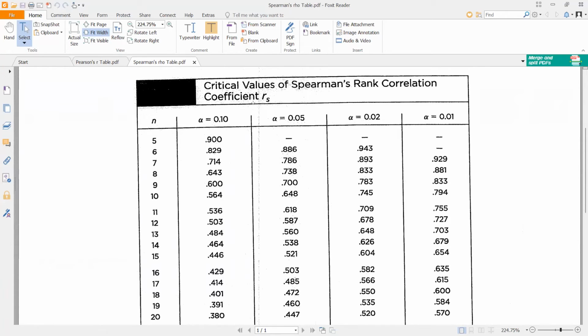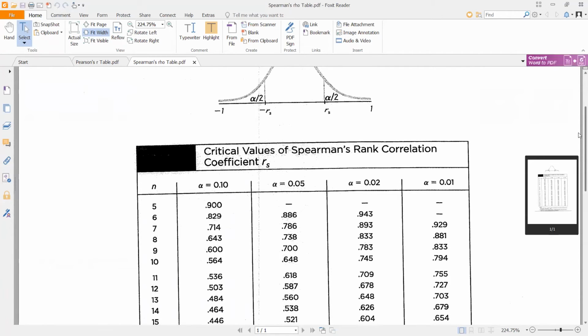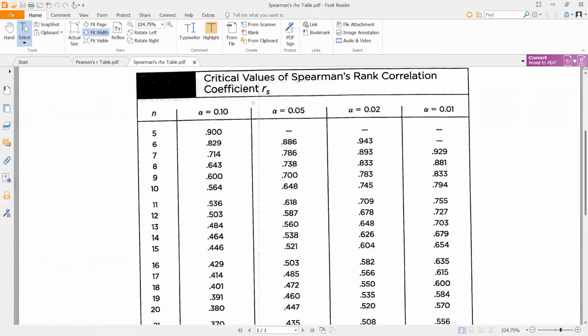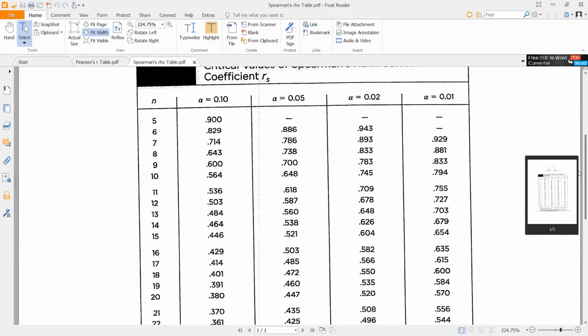If you notice, actually we computed for DF, as a matter of habit, but in the Spearman's rho table, we actually need to know N. So if our DF is 6, our N is actually 8. So refer to 8. And then we chose 0.05. So we will use 0.738. All right.